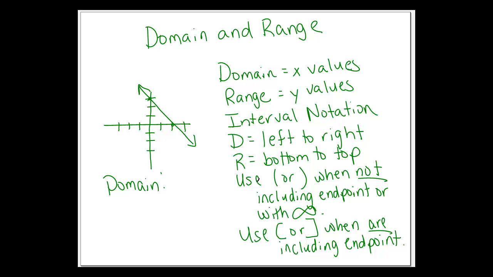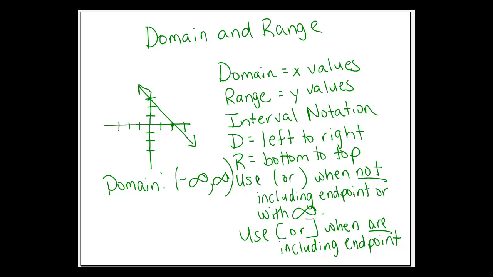So the graph would eventually go all the way back to negative infinity, because it goes back forever and ever. If we're looking at how far to the right or how far forward it goes, it also goes on forever and ever. So the domain is actually not that interesting. It's negative infinity to infinity. In other words, any value.